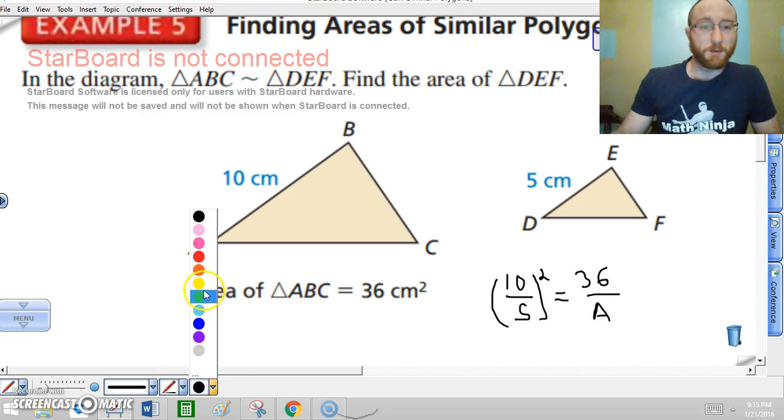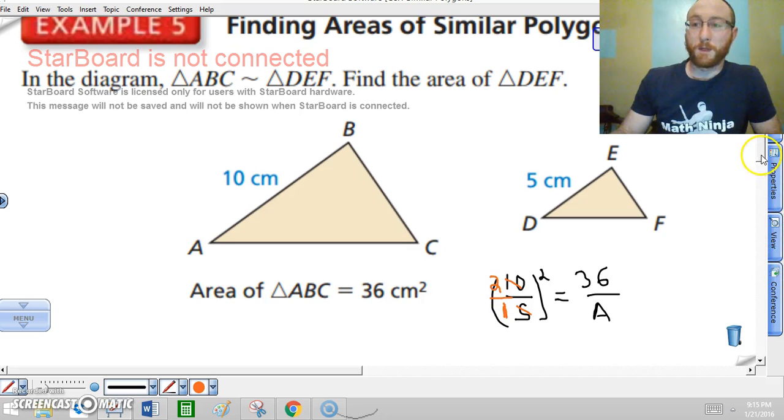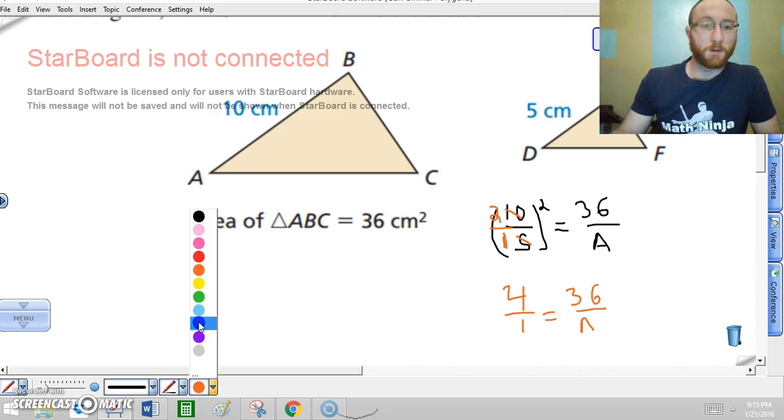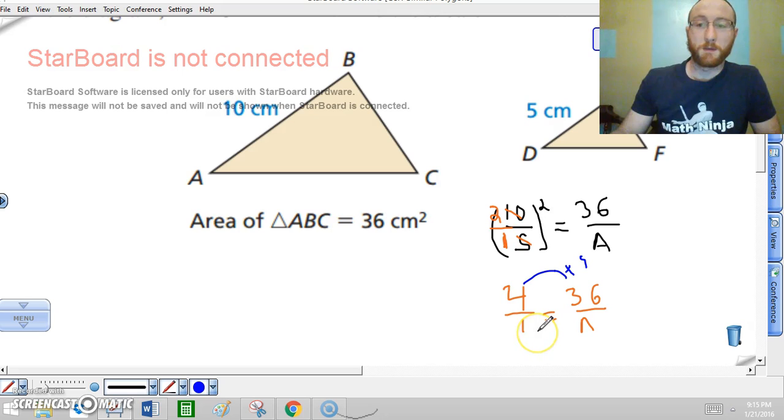Now we can simplify just like we were doing before. I always like simplifying, it makes my work so much easier. So this is going to be 2 over 1. So I'm going to get 2 squared is 4 over 1 equals 36 over A. So 4 times 9 gets me 36.